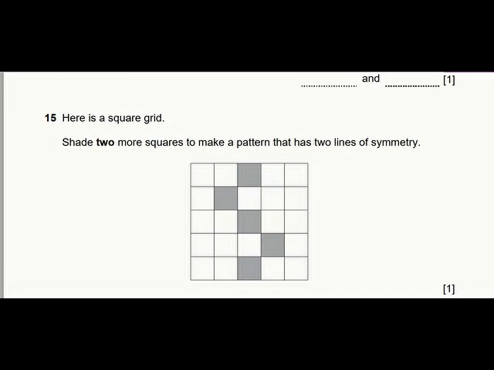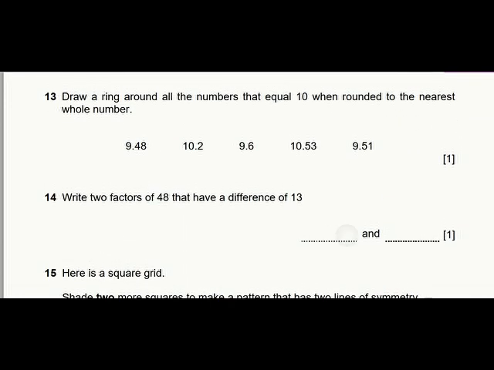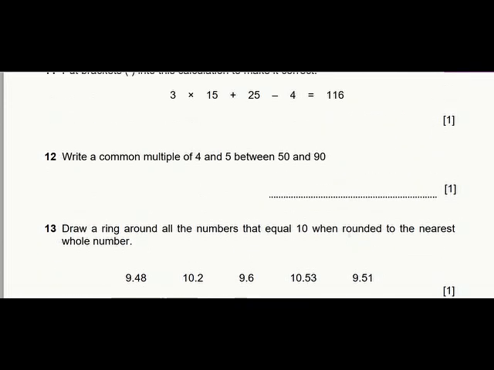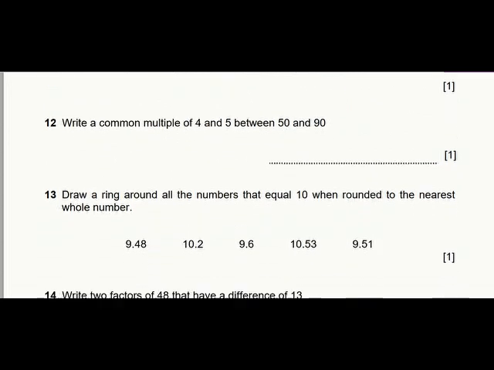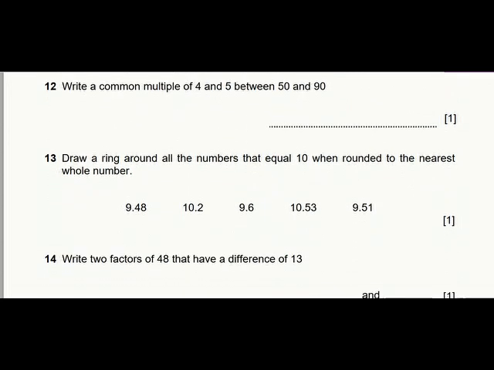Where was I? Question number 11. Well, actually number 12. So now, once again, I know 4 times 5 is 20. I know 20, which I already named, is a multiple of both.